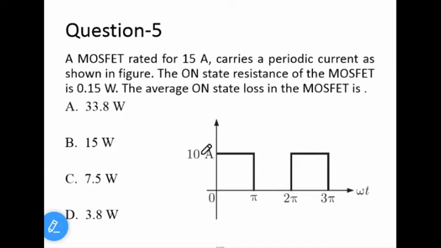To calculate this, since you know the current and the resistance, if you find the power loss over a period of 2 pi, you will get the answer. You try this, all of you.